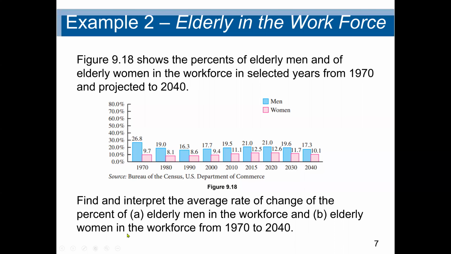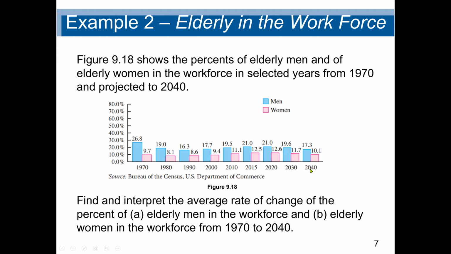But let's solve the one the book tells us to solve here. They say we should find the average rate of change of the percent of elderly men in the workforce and also elderly women in the workforce from 1970 to 2040.